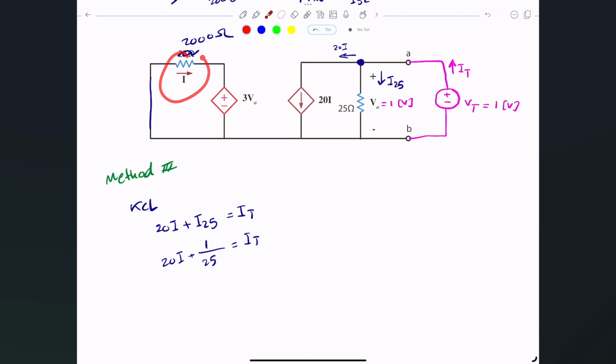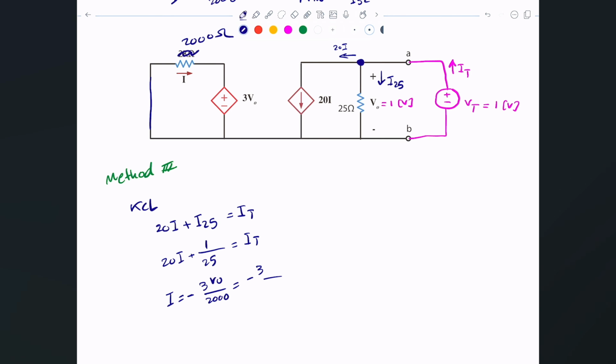Well, what about I? Well, I is this particular current, and this current is actually also the current across a resistor that I know the voltage across. It's actually this voltage because it's based on the voltage source. So we know that I is simply negative 3 V naught divided by 2000 ohms. Okay, but what about V naught? Well, V naught, we know it's 1 because we started by saying V naught is 1 because it's in parallel with the test source.